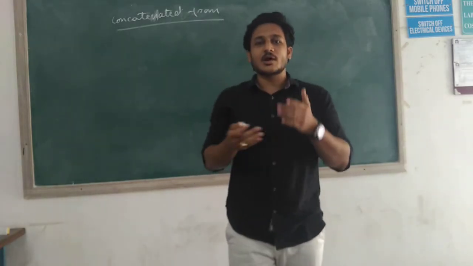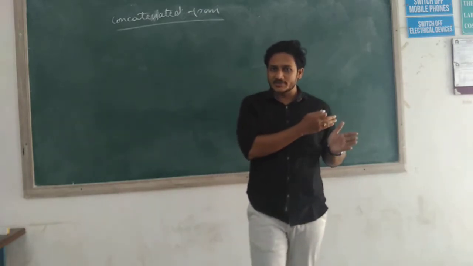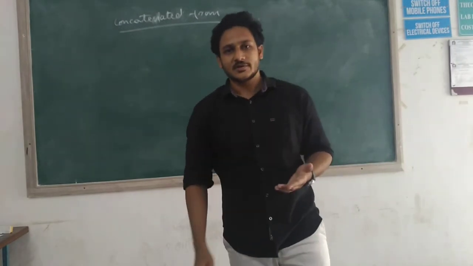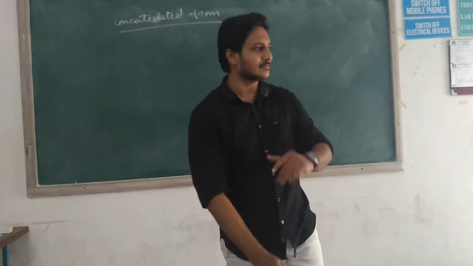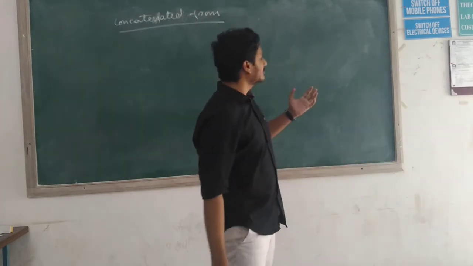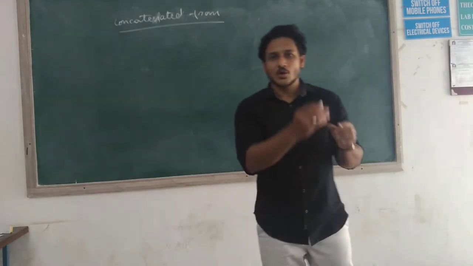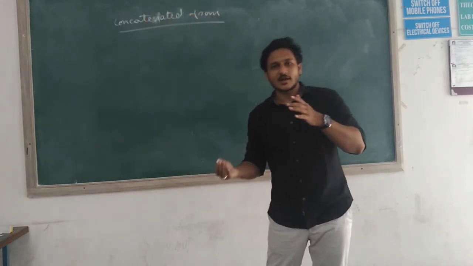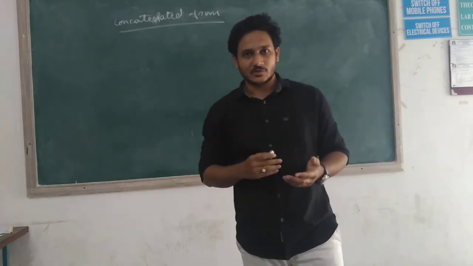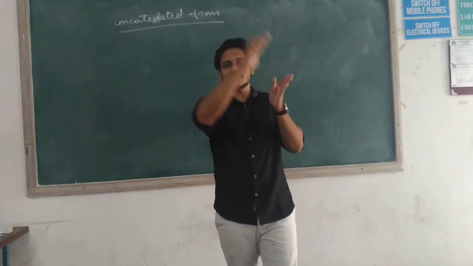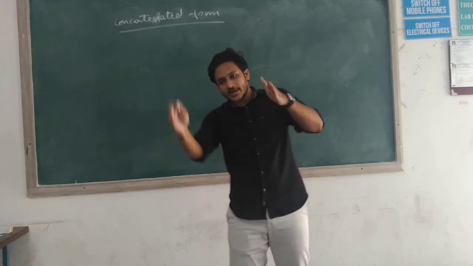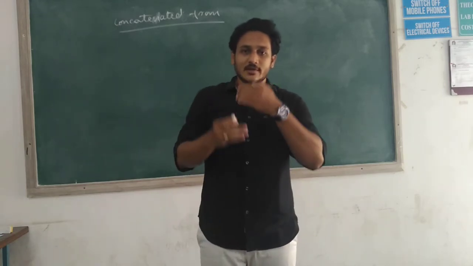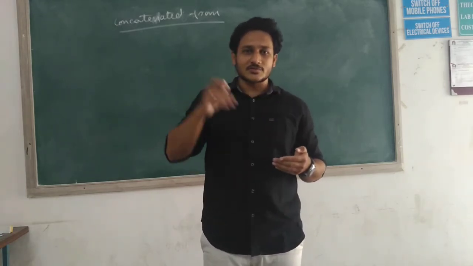If we combine two or more transformations, we have a concatenated or composite transformation. Let's say I have a body which is scaled up, after that rotated, after that translated to some distance. So it is a combination of three transformations.